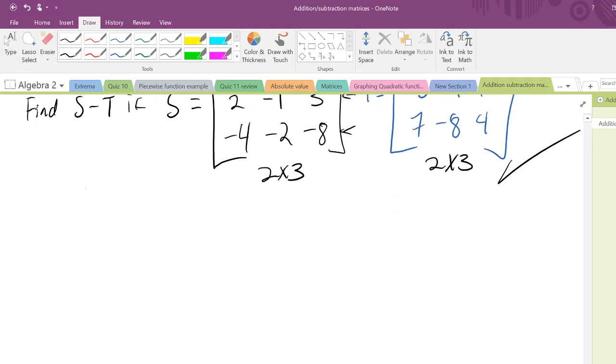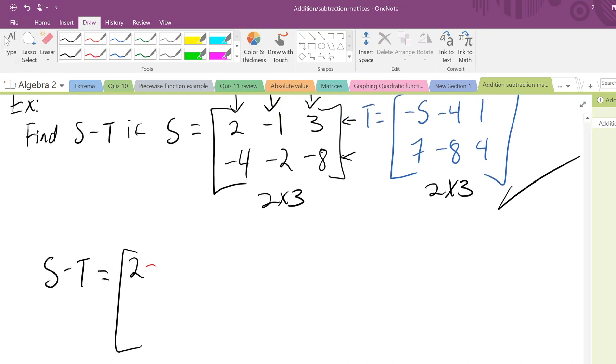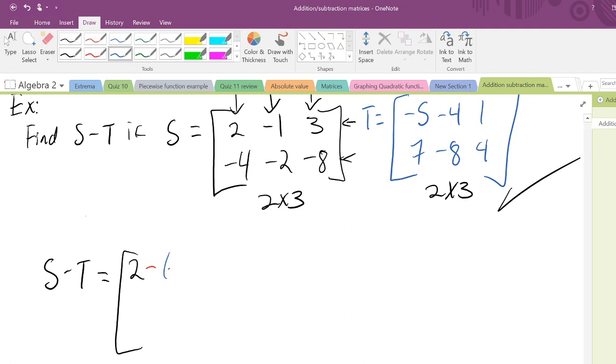So S minus T is equal to 2 minus negative 5, and I have negative 4 minus negative 7, minus 7. Then I have negative 1 minus negative 4.